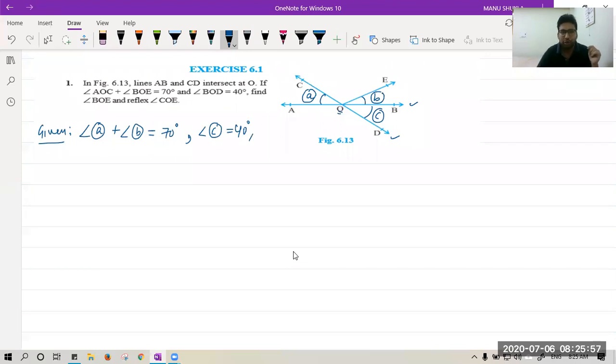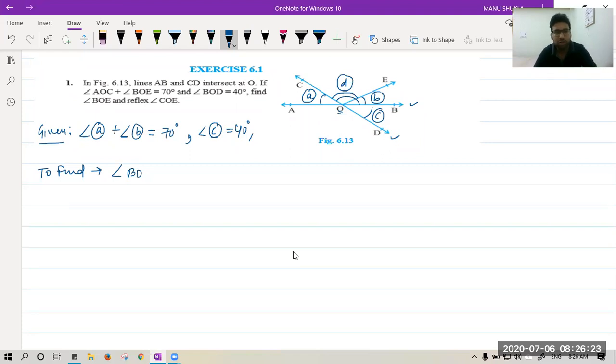Find angle BOE. What is BOE? B is here, OE. So we have to find this complete angle. We already know B is there, so let's take this as D. One second, they want only BOE.